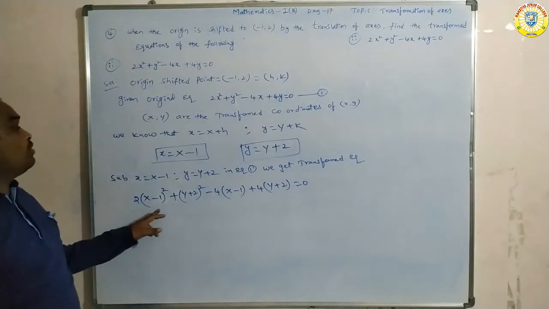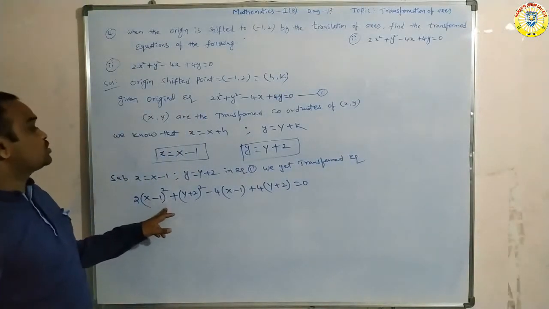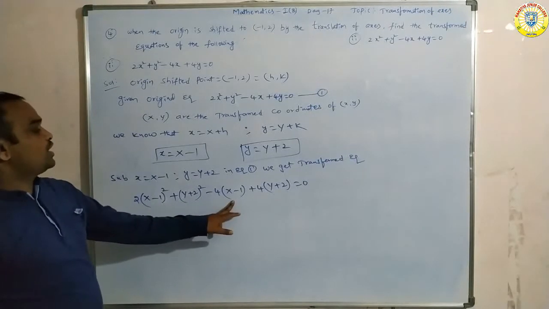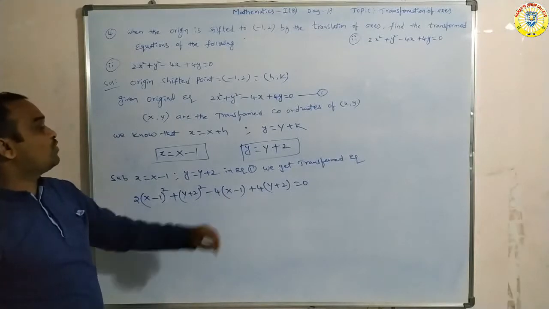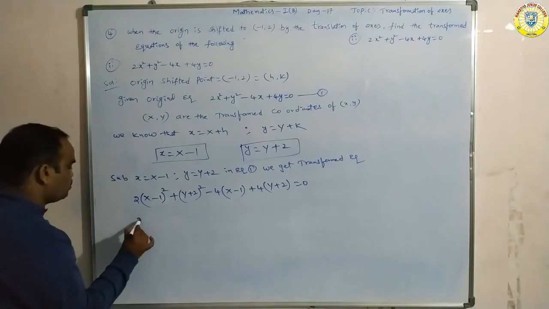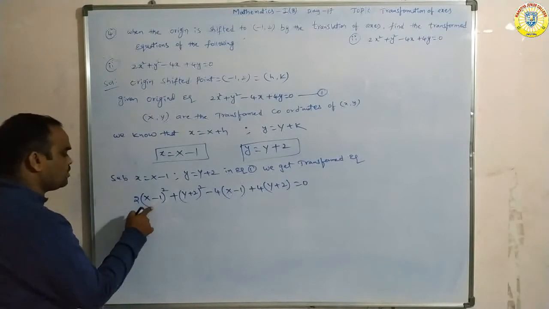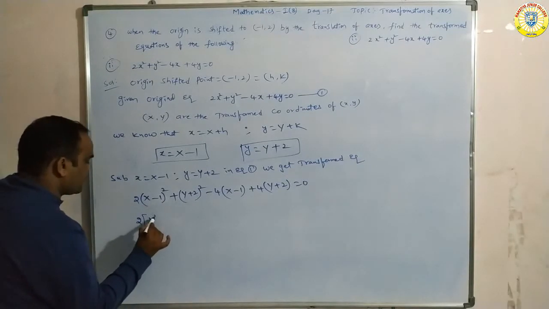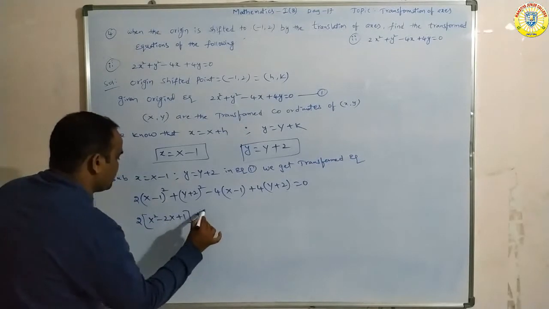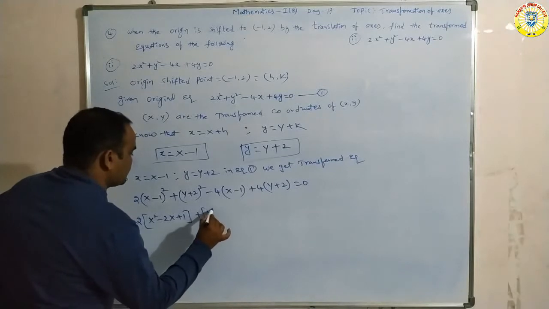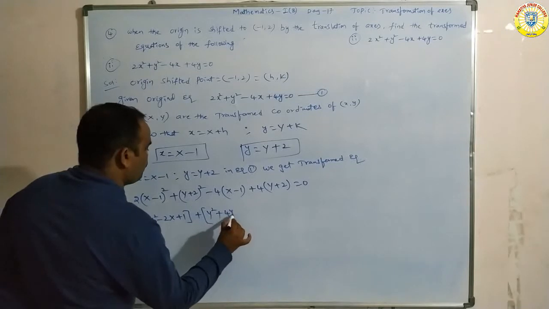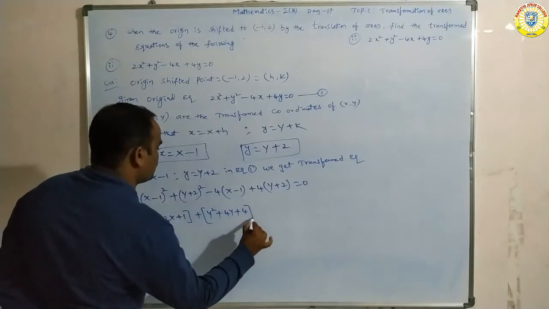Here, 2 into (X minus 1) whole squared plus (Y plus 2) whole squared, minus 4 into (X minus 1), plus 4 into (Y plus 2) is equal to 0. Now we are simplifying this one. 2 into (X minus 1) whole squared is capital X squared minus 2X plus 1, plus (Y plus 2) whole squared is capital Y squared plus 4Y plus 2 squared, which is 4.